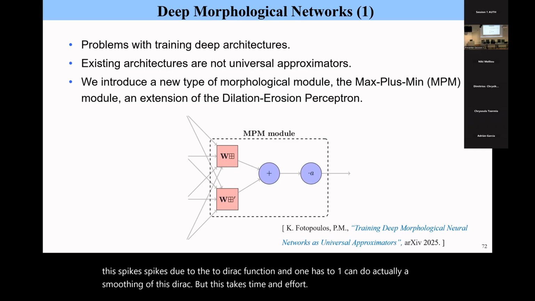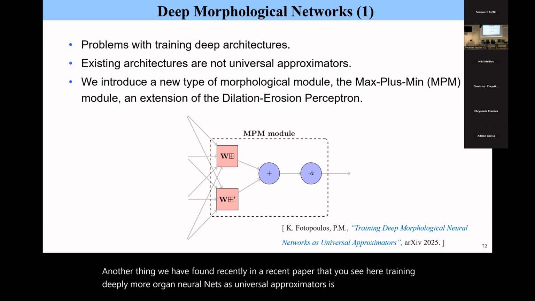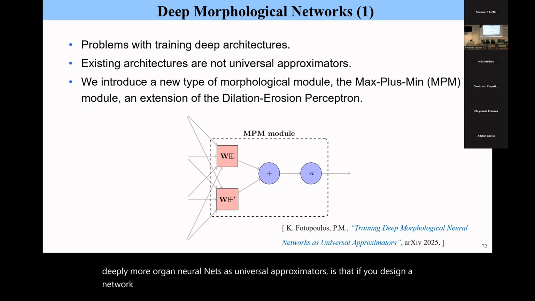Another thing we have found recently, in a recent paper that you see here, Training Deep Morphological Neural Nets as Universal Approximators, is that if you design a network whose layers consist only of max plus neurons or only of min plus neurons, then they are not universal approximators.